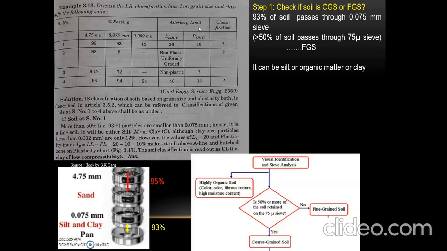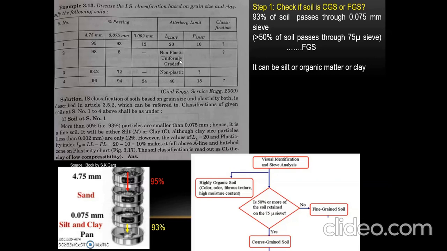Then the Atterberg limits are mentioned, that is liquid limit and plastic limit. For the first soil, it is 20 and 10. And we can see over here that for the second and third soil, the values of liquid limit and plastic limit are not given. Based on two statements, we will have to classify the second and third soil.